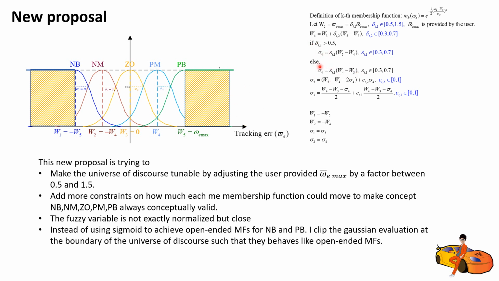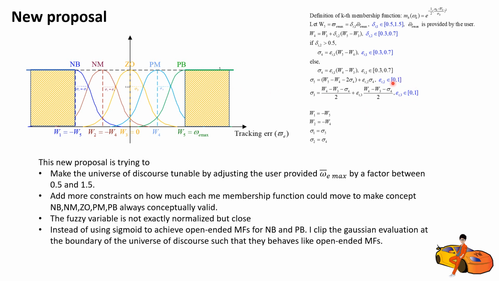And once the sigma 4 is determined, I basically use this equation here to determine my sigma 5. And the thought behind it is, if this factor is 0, what I try to achieve is sigma 5 plus 2 times the sigma 4 is equal to the distance.